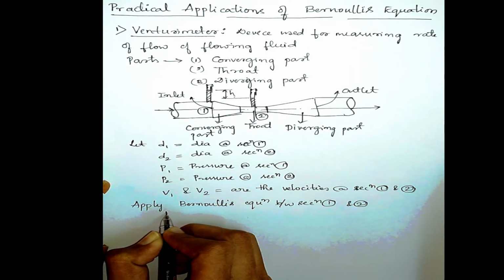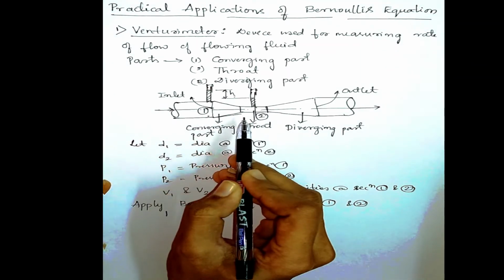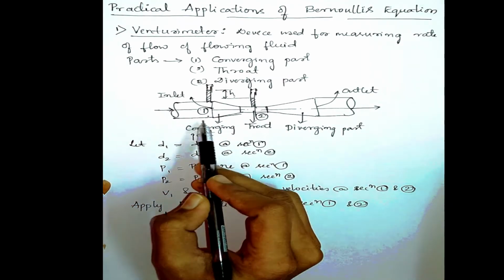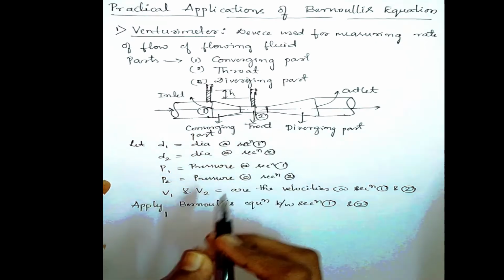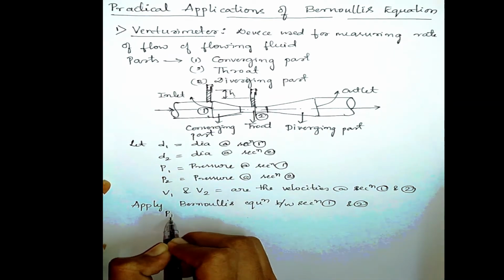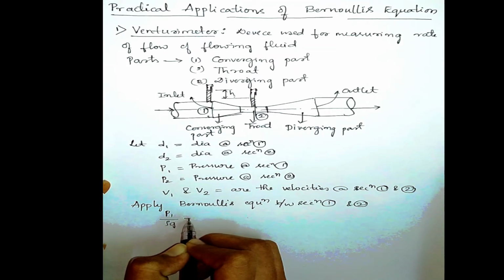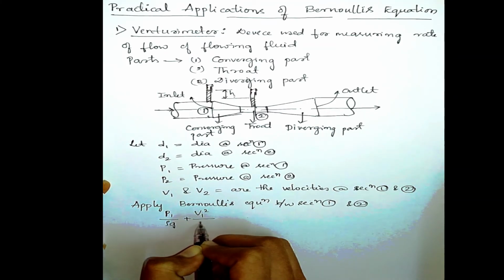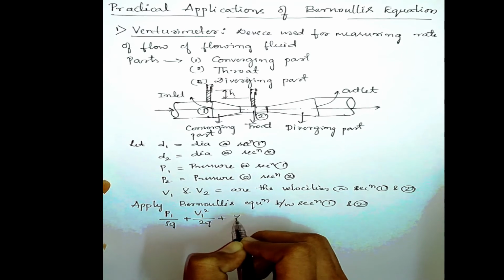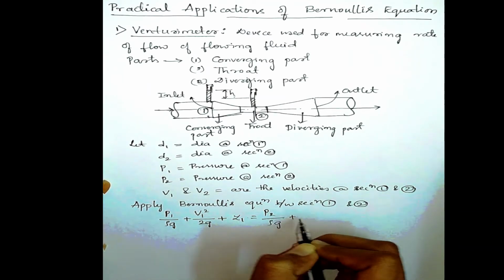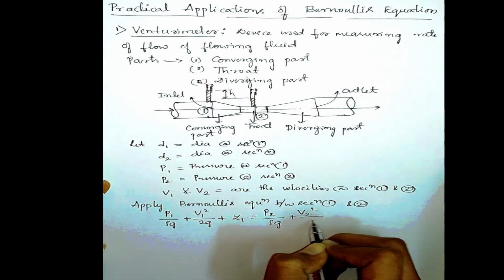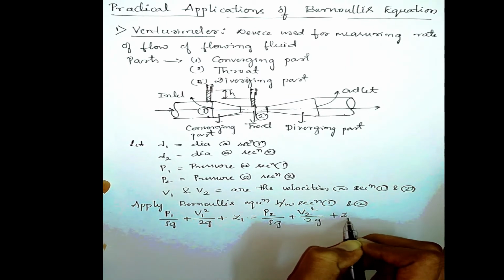Applying it at section 1 and section 2, where we considered the inlet as section 1 and the throat as section 2: P1 by rho g plus V1 square by 2g plus Z1 is equal to P2 by rho g plus V2 square by 2g plus Z2.